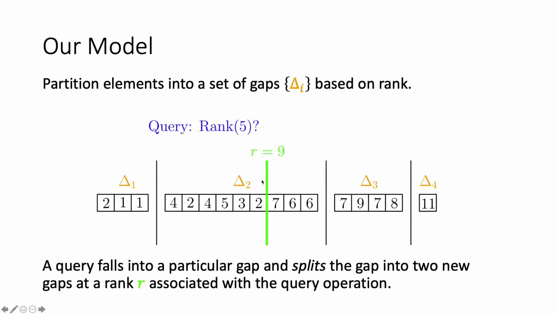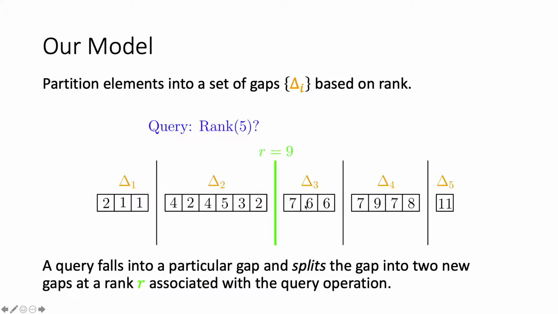And we'll see here that we restructure this gap delta 2. I've now placed all of the elements of rank at most 9 left of the green line and more than 9 right of the green line, which coincides with elements smaller than or equal to 5 and larger than 5. And then we break up the gap into two new gaps, and there we are.